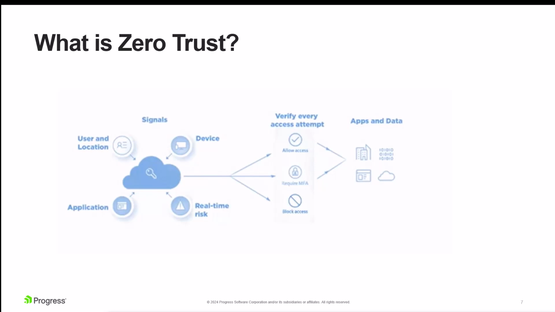So using zero trust principles, such as least privileged access, right, where a user is given just enough access to complete a task and no more, along with network segmentation, right, to limit lateral movements throughout the network if an account or system is compromised. And as I mentioned before, that continuous verifying, right, when accessing resources throughout the environment.